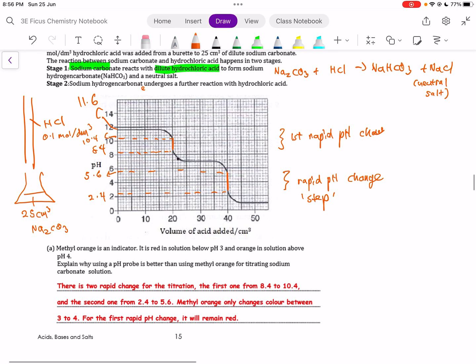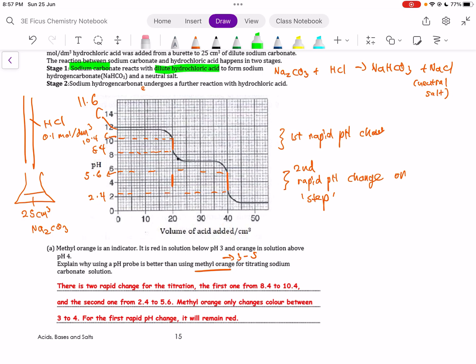So how do you answer this? How come the pH probe is better? The thing about methyl orange is that it only changes color from 3 to 5, which is here. You can only detect the second one. The first stage cannot be detected. It will stay yellow.